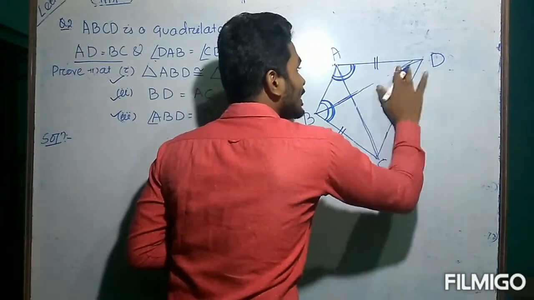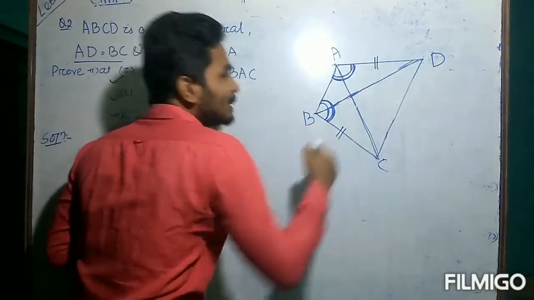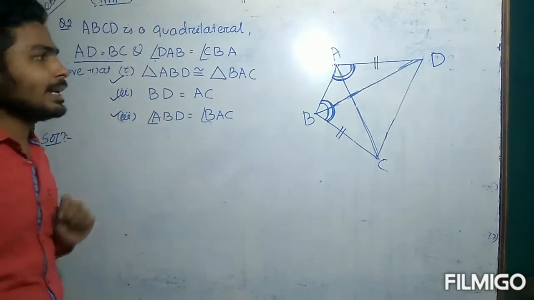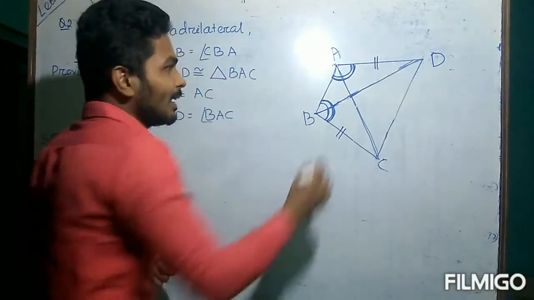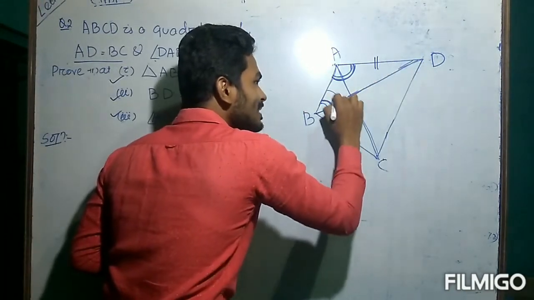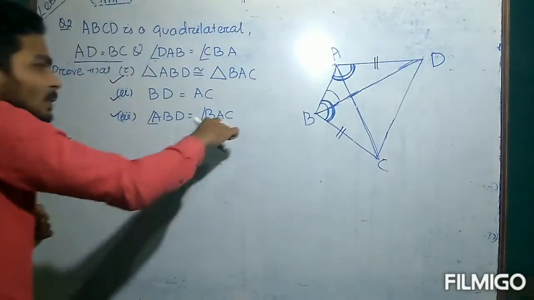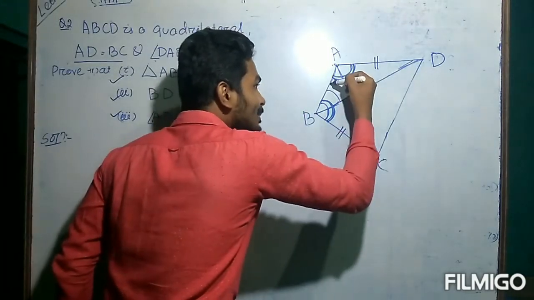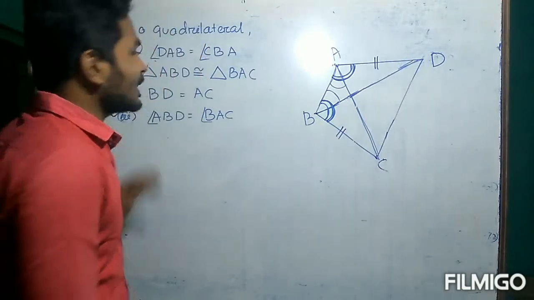So BD is equal to AC. Understood? The third statement is angle ABD. Which angle? ABD means this small angle, not the total angle, this small angle is equal to BAC. BAC, that means this small angle. So these 3 statements need to be proved.